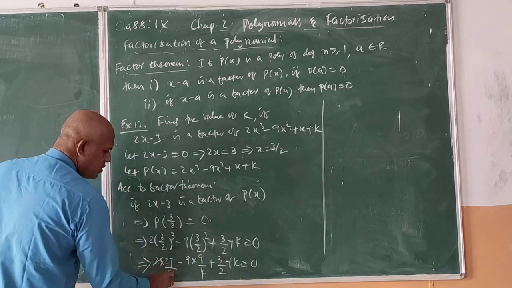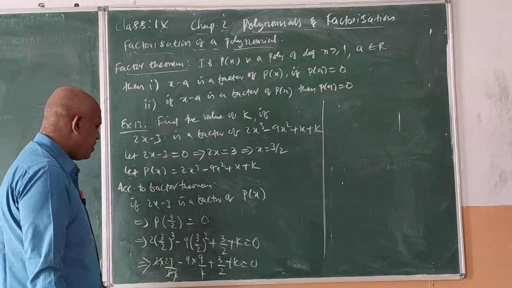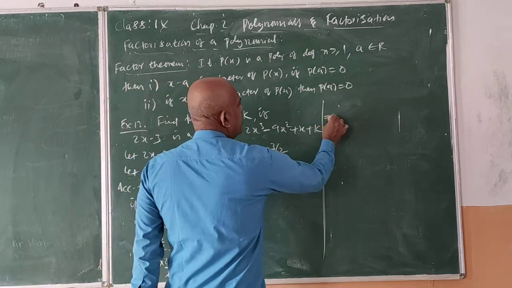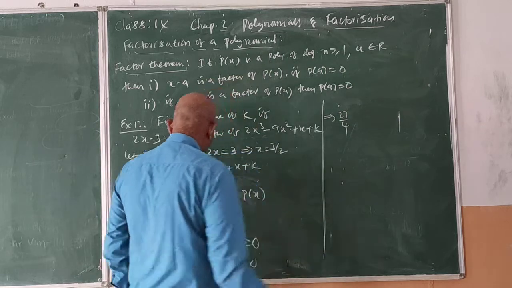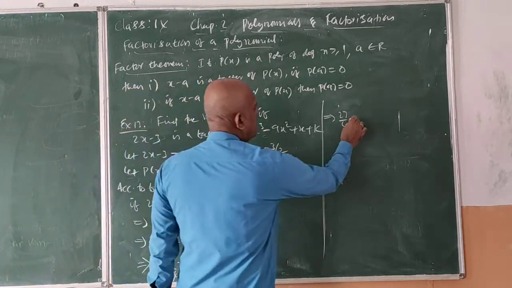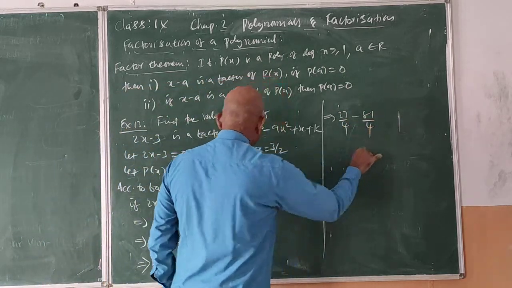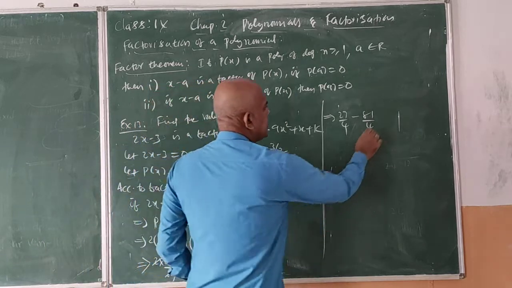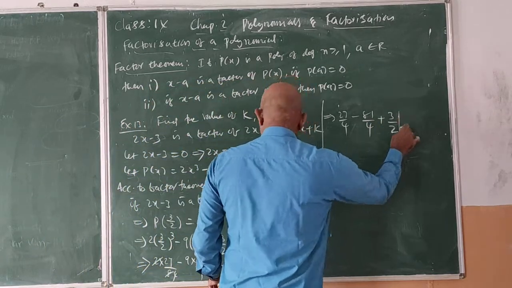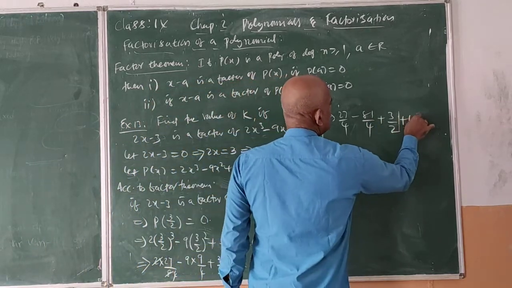Here we cancel the 2 ones and 2 fours. So what is left here? 27 by 4, 9 nines 81 by 4, minus 81 by 4 plus 3 by 2 plus k is equal to 0.